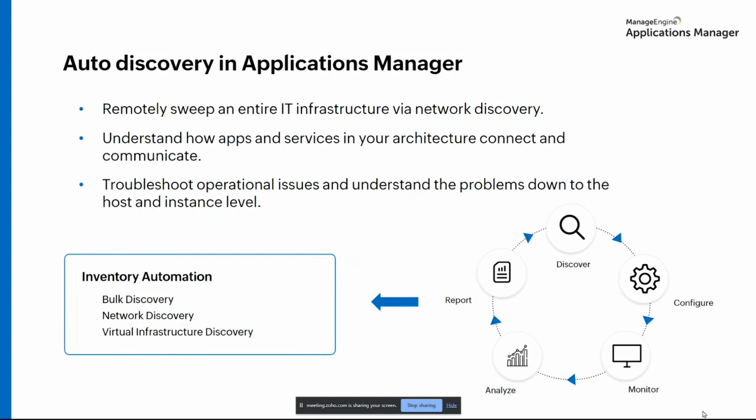Network discovery is the process of discovering all the resources in a specified network. It discovers monitors running in the default port only. Next one is bulk discovery. Using the bulk import capability, you can add monitors of the same type in bulk. Bulk import of monitors is performed using a CSV file, which contains all the configuration details of the monitor that you wish to add.